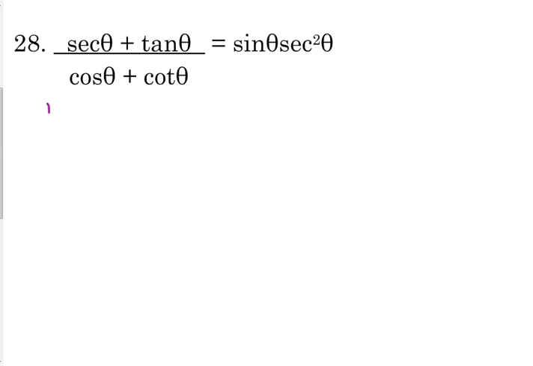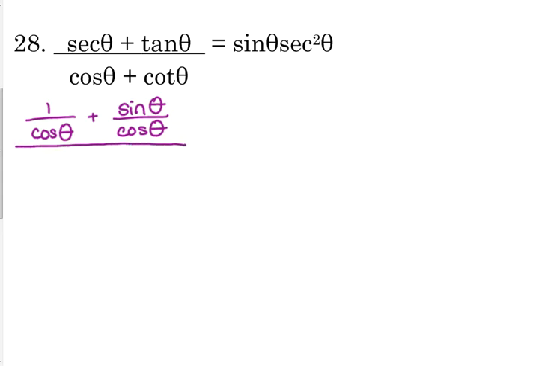So secant is 1 over cosine of theta, plus tangent is sine of theta over cosine of theta. I'm going to try and say the thetas more often. Okay, cosine of theta, we're just going to leave that one as it is right now. Plus cotangent is cosine of theta over sine of theta.